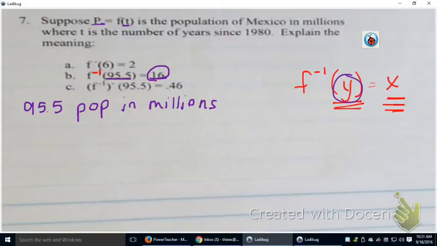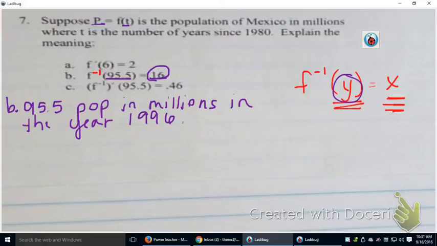So 95.5 is the population in millions in the year 1980 plus 16, which would be 1996. So if you see inverse, all that happens is x and y switch. Nothing about a rate, nothing about how fast something is increasing or decreasing. It just switches x and y.